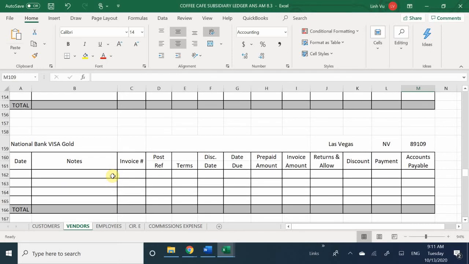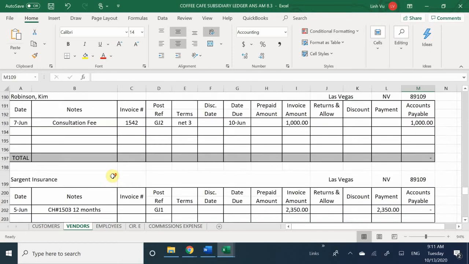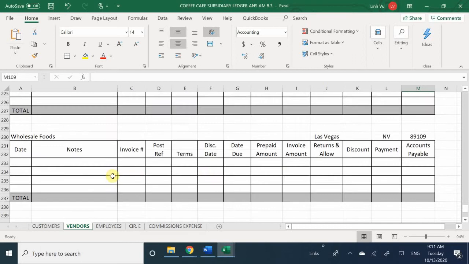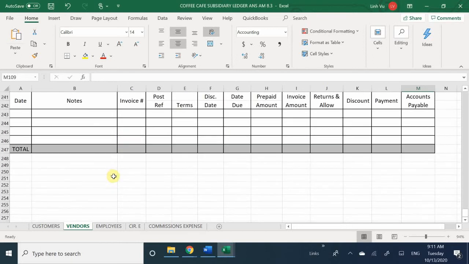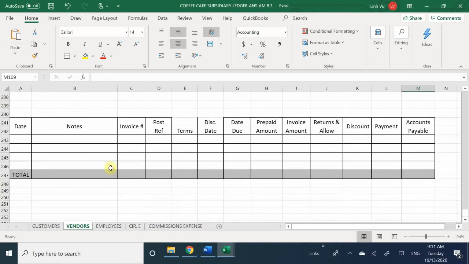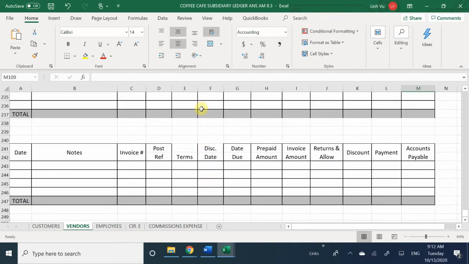However, you can create one. I did leave a blank ledger sheet for you, but it is up to you. Again, this is dealing with your bank, so if you want to record it, you may. But as a vendor, they're technically our bank.